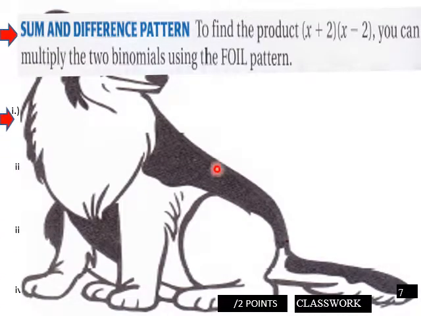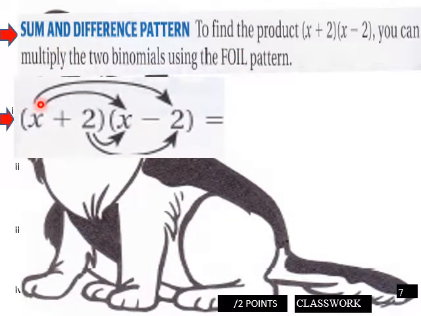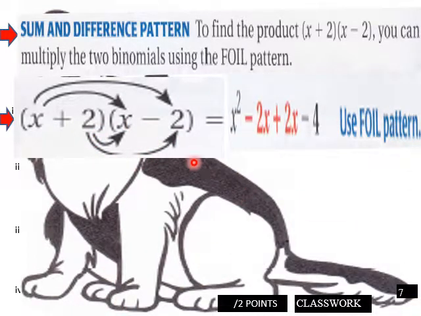Okay, sum and difference pattern. Find the product of x plus 2 multiplied by x minus 2. You can multiply the two binomials using the FOIL pattern: first, outer, inner, and last.